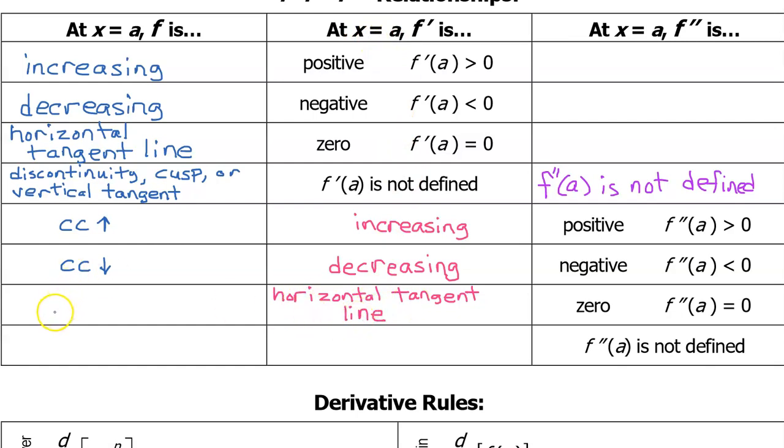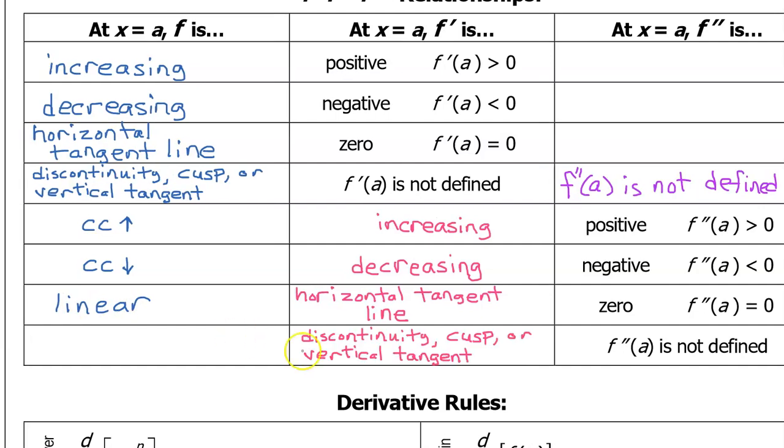And what about function f? If the graph is neither concave up nor concave down, it must be linear. And if f double prime is not defined, that means the graph of f prime must have either a discontinuity, or a cusp, or a vertical tangent.